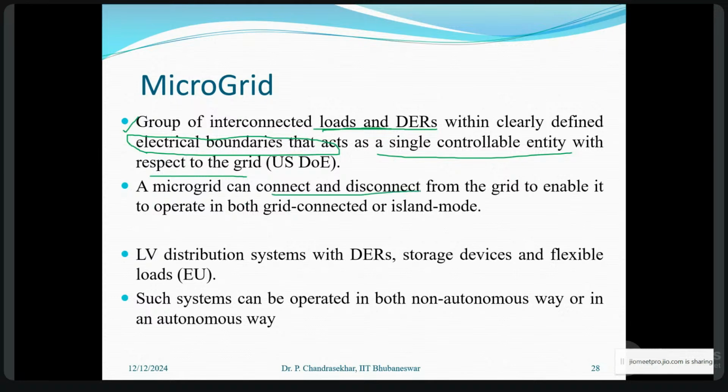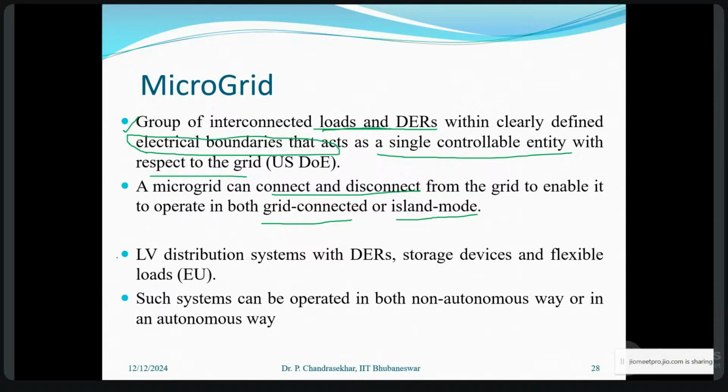It may operate in connection with the main grid, in which case we call it a grid-connected microgrid. If it operates disconnected, with no connection between the microgrid and the main grid, we call it an islanded or isolated microgrid. That is the definition of the US Department of Energy.